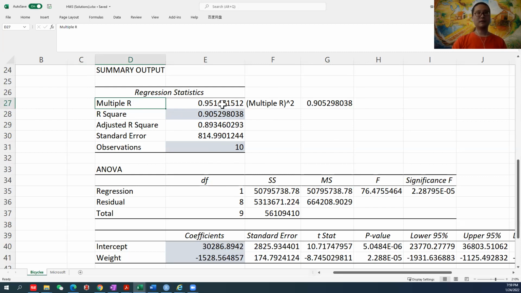first we see multiple R. We already practiced that because someone volunteered to tell us what the multiple R reveals, what the statistic means here, what 0.95 represents.